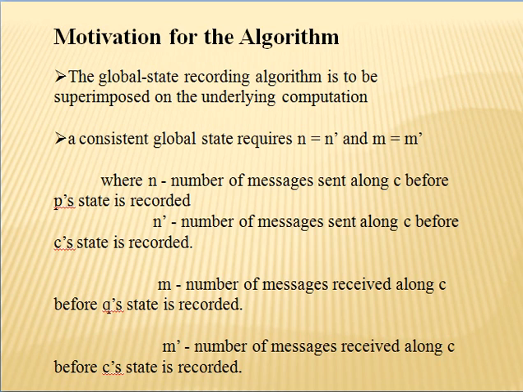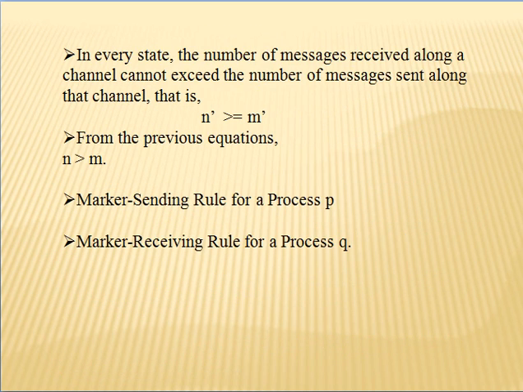In every state the number of messages received along the channel cannot exceed the number of messages sent along the channel. So N dash is greater than or equal to M dash. From these equations we can say that N may be greater than M.